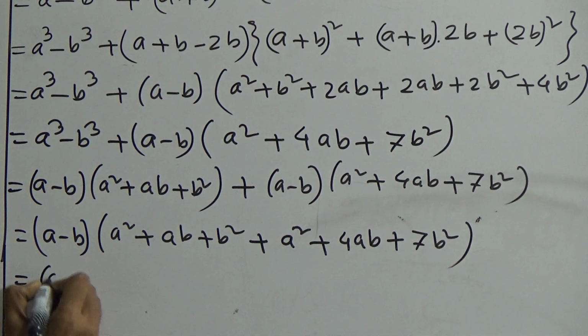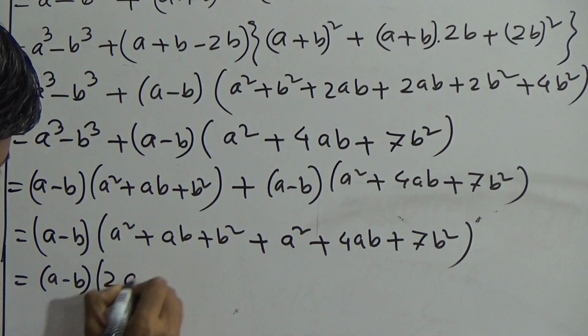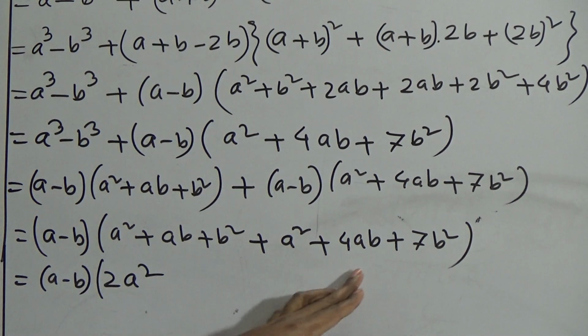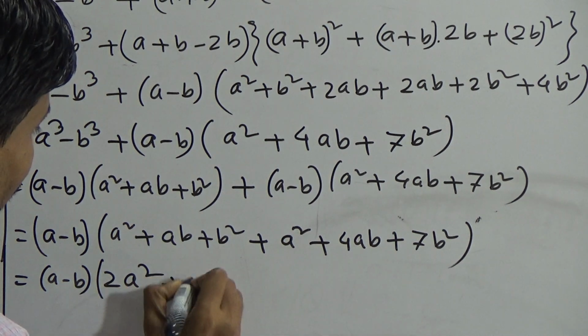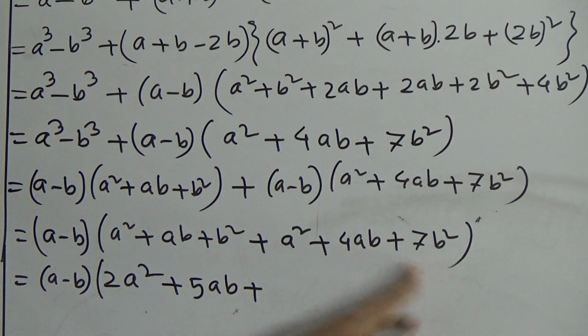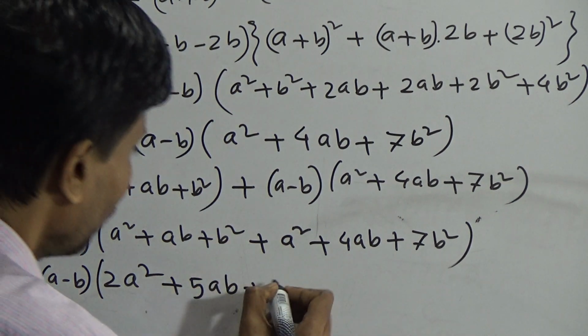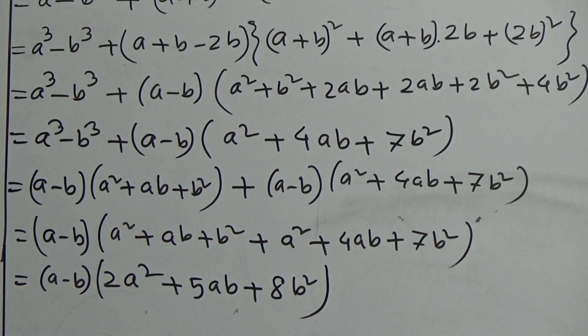Now write a minus b. Look, a square plus 1a square means 2a square. Then 4ab plus 1ab means 5ab. Look, 7b square plus 1b square equal to 8b square. Okay, dear student, look, this is the factorization form of this expression.